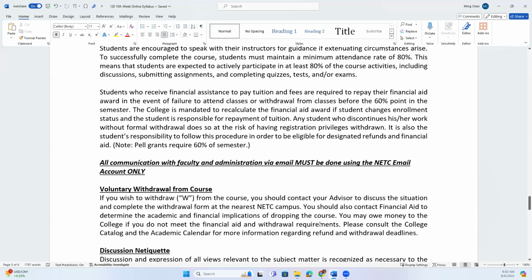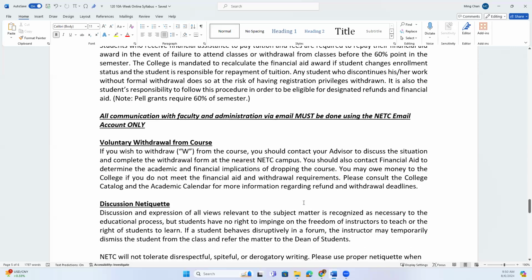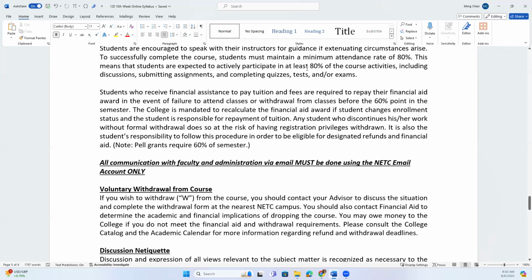So we do have an attendance policy in this class, so students cannot just put off the work until the end of the semester. Basically, this 80% attendance means that a student cannot miss more than 20% of the work.